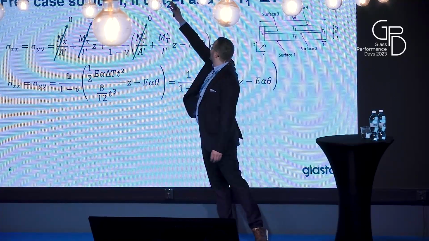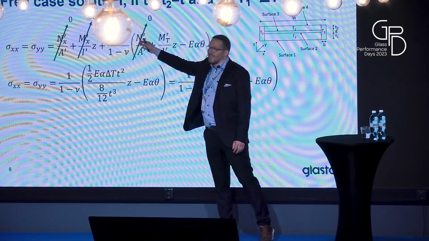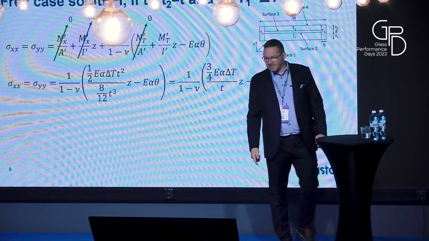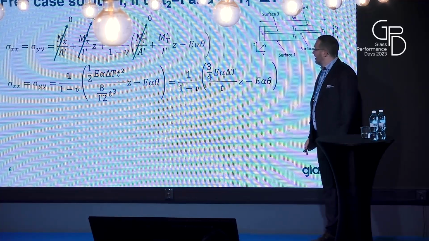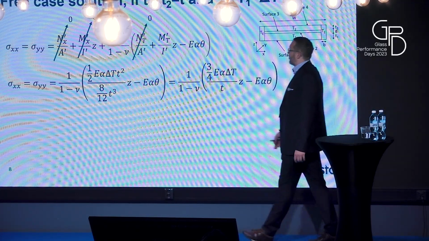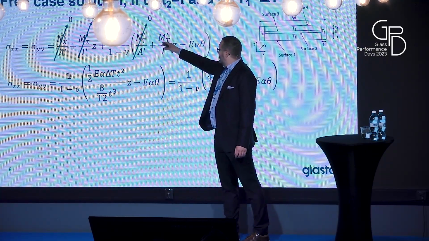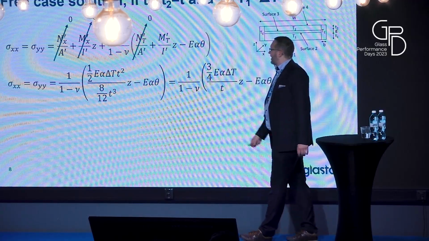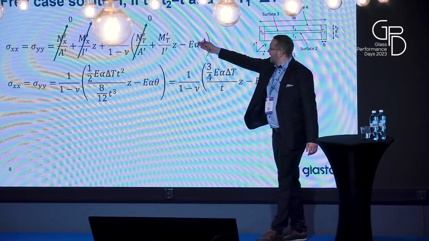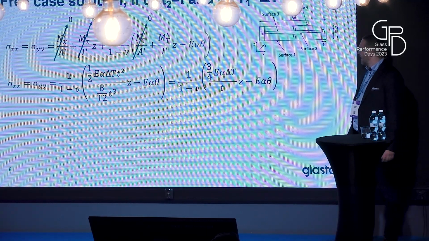And because we have the same thickness in both panes, there is no normal thermal stress at all. So all the stresses that we get in this case are related to thermal bending due to a moment, and the effect of this temperature change in the individual pane.